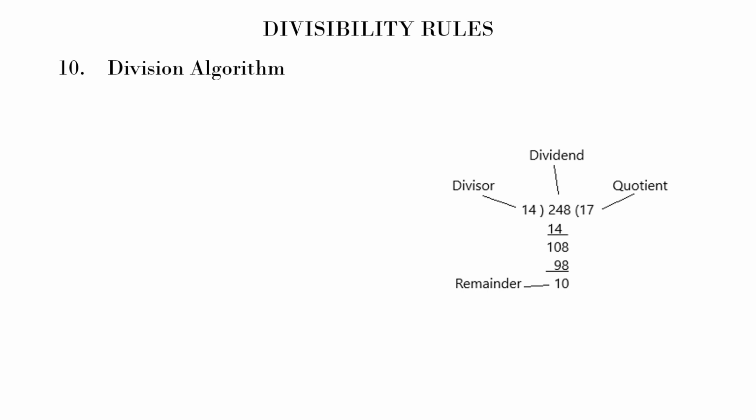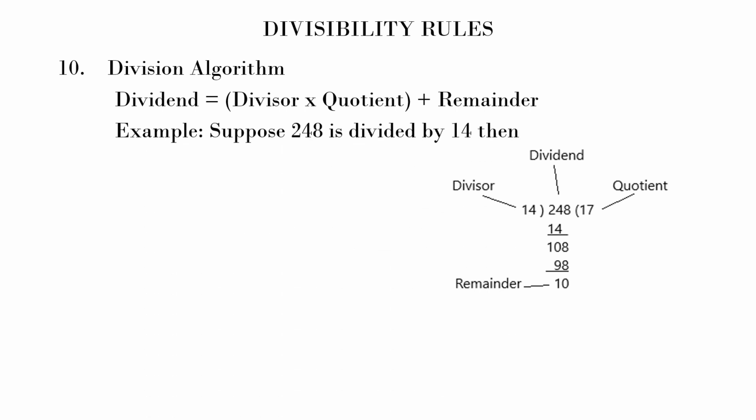Now in order to establish a relationship between dividend, divisor, quotient and remainder, here is the equation. The dividend, that is the number in the middle, is equal to the divisor times the quotient, plus the remainder.